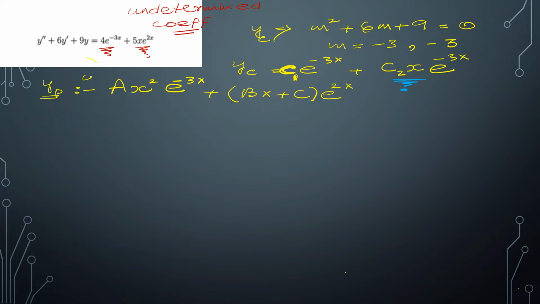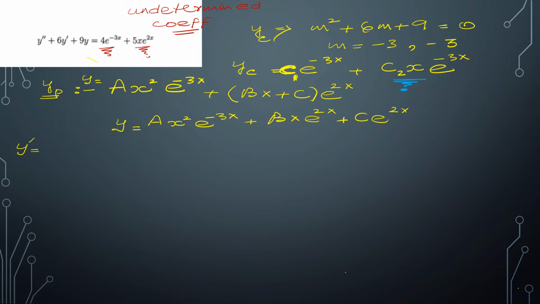So this is all equal to y. Open the bracket and then differentiate the equation. So I will get ax square e to the power of -3x plus bx e to the power of 2x plus c e to the power of 2x. So this is my first equation. Now I will take the derivative.